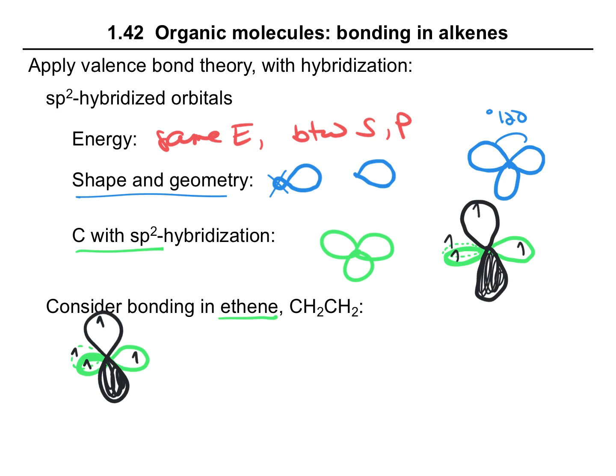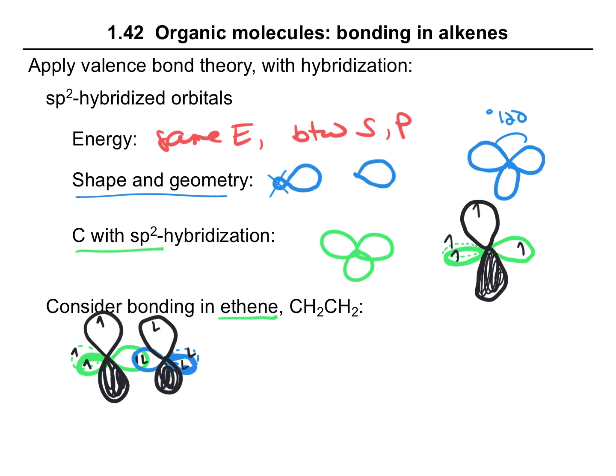And now let's look at our second carbon, which is also sp2 hybridized. So here's an sp2 orbital. Here is an sp2 orbital going behind the screen. Here is an sp2 orbital coming in front of the screen. And here is a p orbital. And remember that these are also half filled.